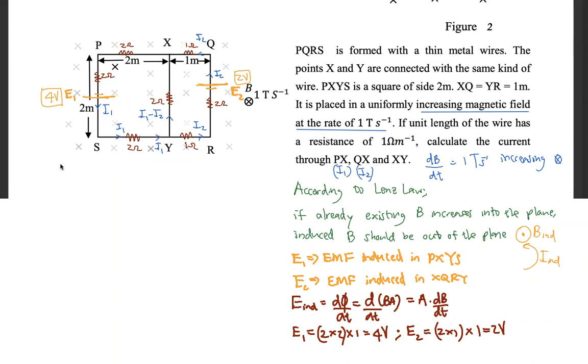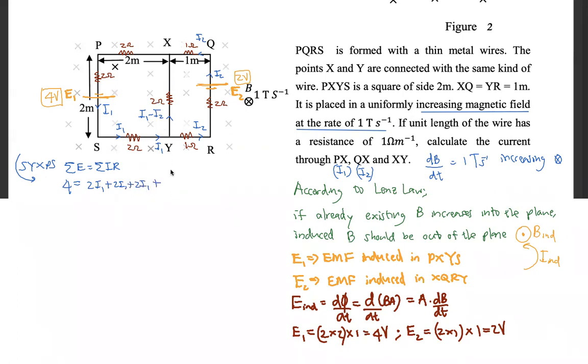Now we are going to apply Kirchhoff's law. Let's first of all choose the large loop. I'm going to use loop SYXPS, and I'm going to apply the equation counterclockwise. Sigma E equals sigma IR. Counterclockwise sigma E is 4 volt. Sigma IR, people, we have to be very careful. The current I1 is flowing through 2, 2, 2, so it is like 2I1 plus 2I1 plus 2I1.